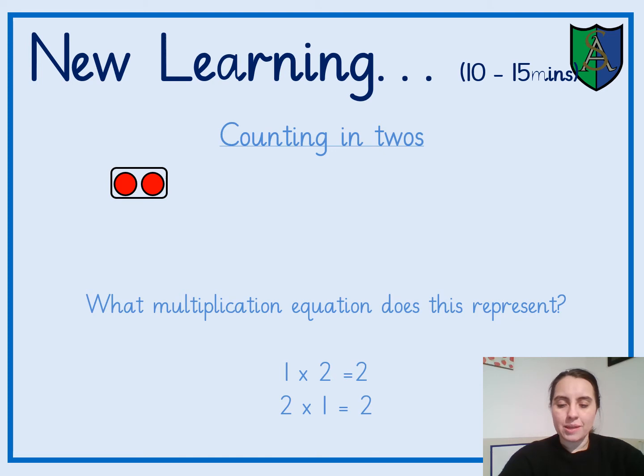But we know that multiplication is commutative, so we can swap those numbers around, and it's also 2 times 1, which is equal to 2. There are 2 counters in one group, okay? I'm now going to go through the slides and you can notice the multiplication equations for each of the pictorial representations.